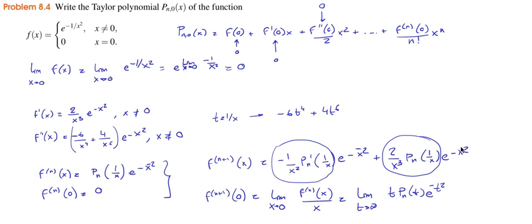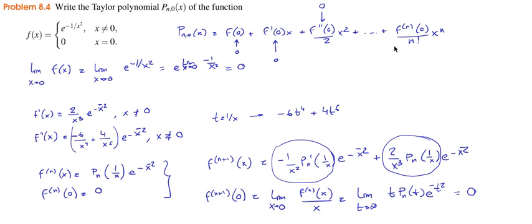I've been writing it wrong the whole exercise: it should be e to the minus 1 over x squared, which is e to the minus t squared. We know that no matter how high the degree of the polynomial expression is, this goes to infinity slower than e to the minus t squared goes to 0. Okay, so this is going to be 0.